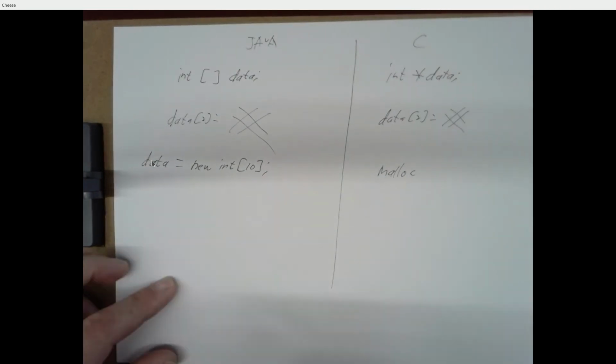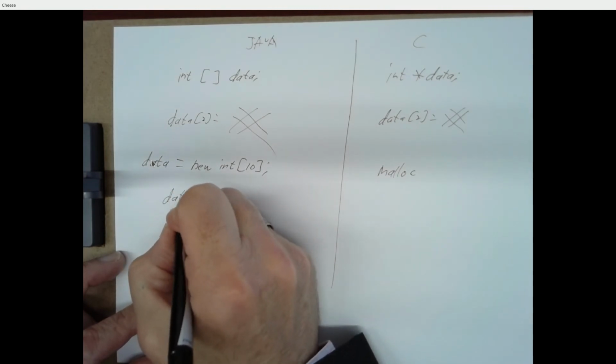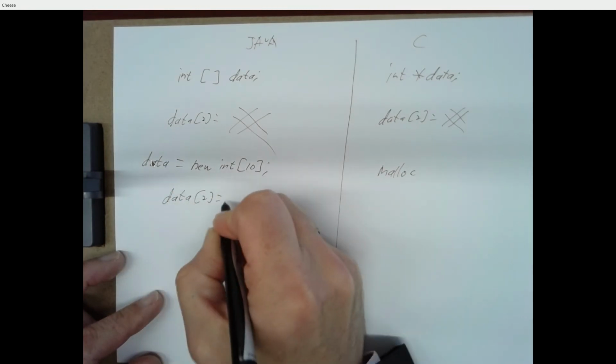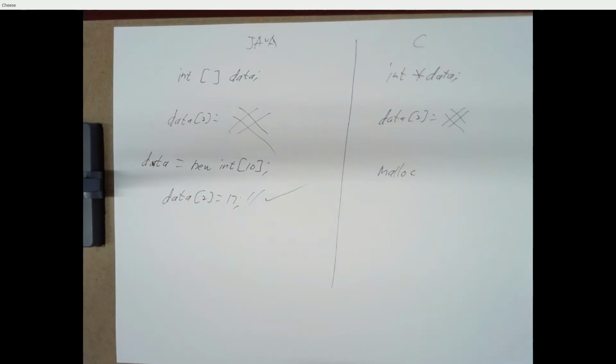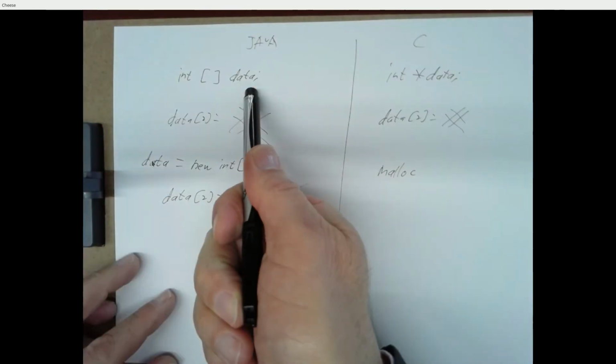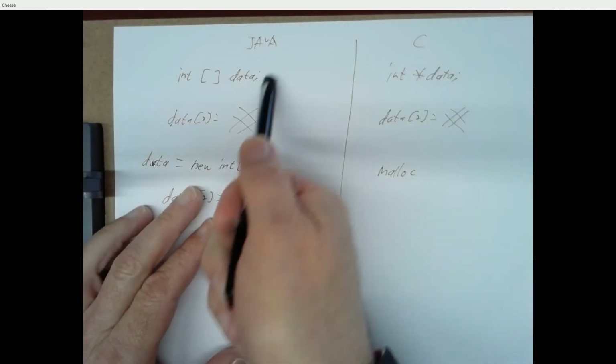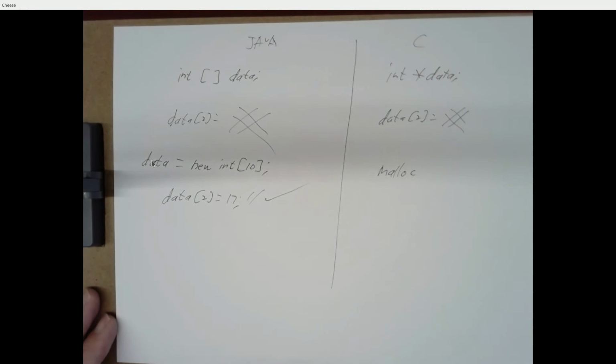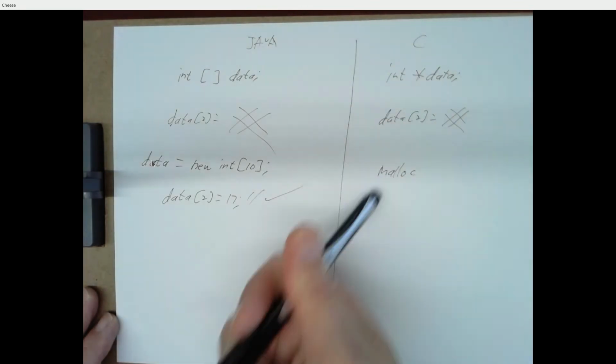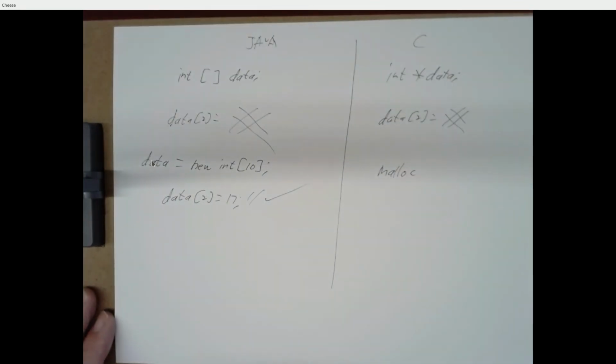And once we do this, now we can say data 2 equals some value, and that's fine. So arrays of integers, characters, doubles, pretty straightforward analog to C. Make your declaration, and you can say equals new integer right there, or you can set it up later on, just like with integer star data and malloc.